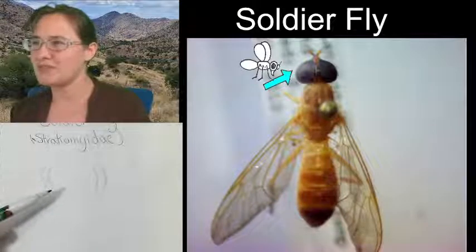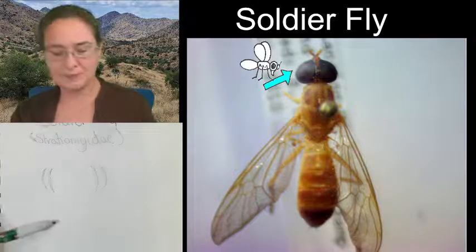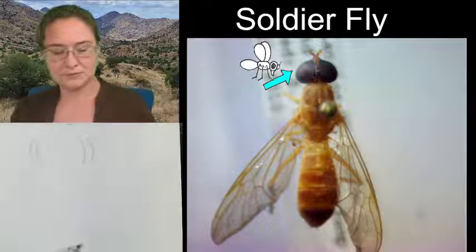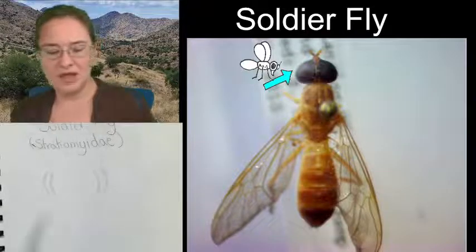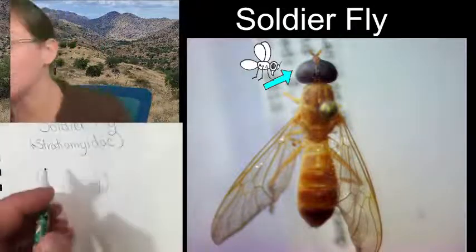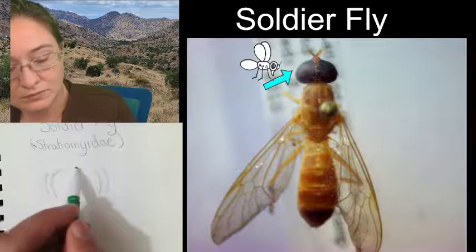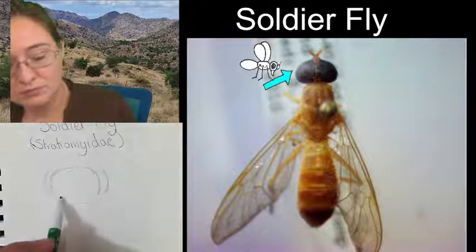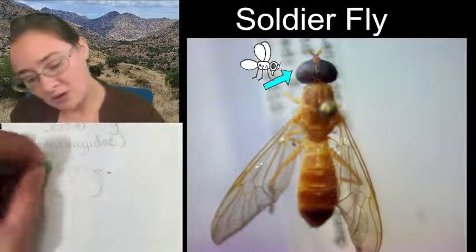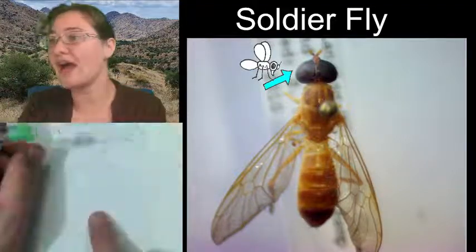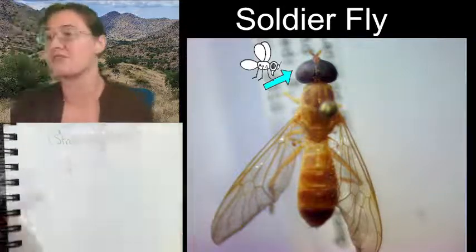I started kind of big, but I need it to fit on my paper. I think that this will work. Alright, so we've got our overall head shape, and then coming back from our head, we have our thoracic region.